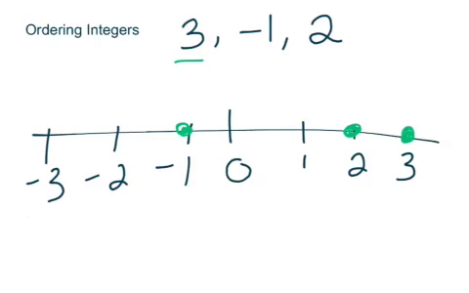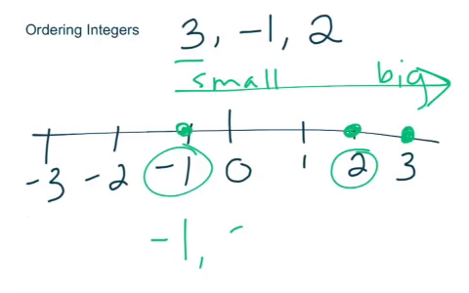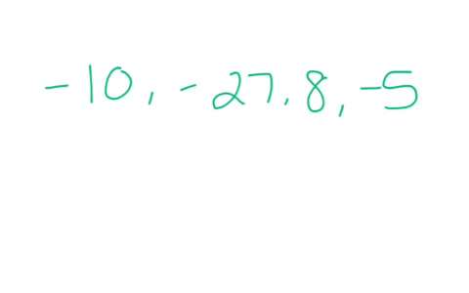Just like reading a book, you read from left to right. Same thing here. These numbers go from left to right, smallest over here and biggest over here. So if I was putting these in order, I would have -1, 2, and 3. Pause the video and order these numbers from least to greatest. Go ahead and press play when you're ready to check your work.